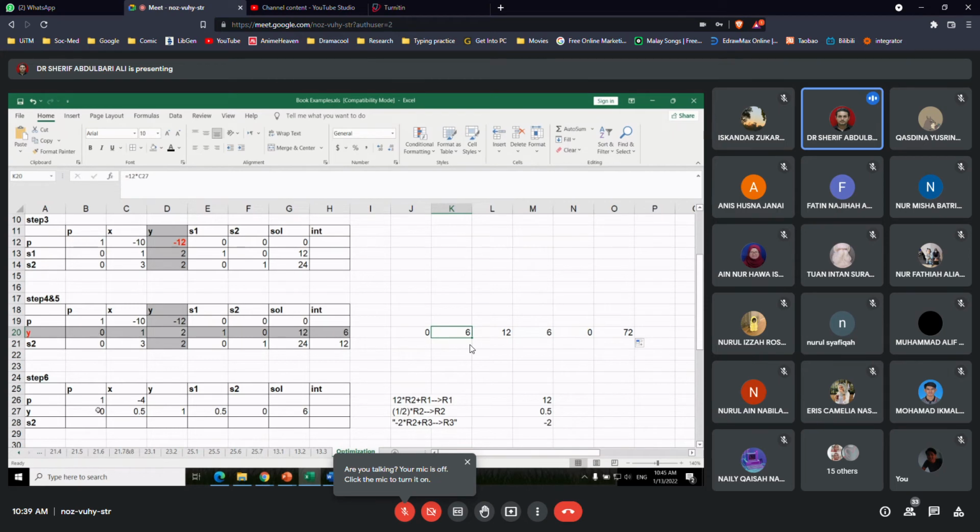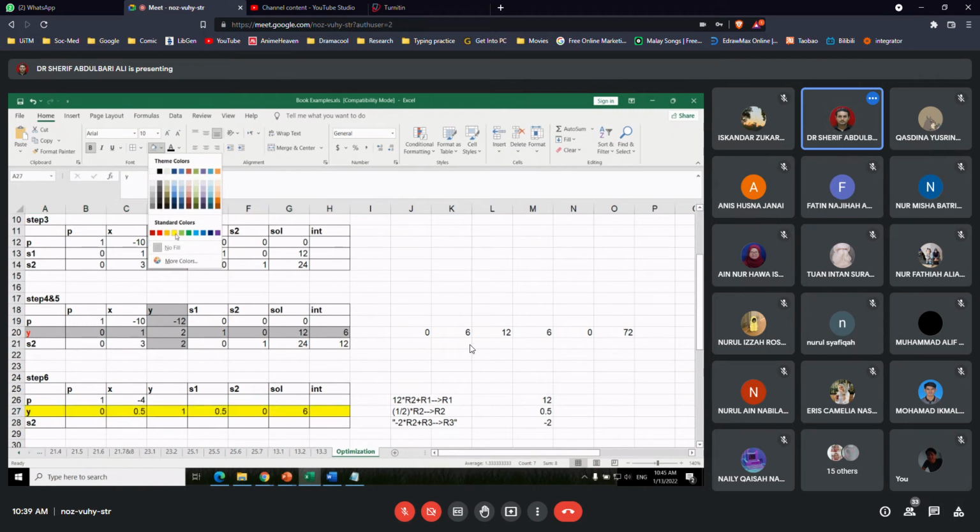Okay, so this is your pivot row. So you are doing 12 times 0, 12 times 0.5, 12 times 1, 12 times 0.5, 12 times 0, and 12 times 6. So now you are getting the values 0, 6, 12, 6, 0, and 72.